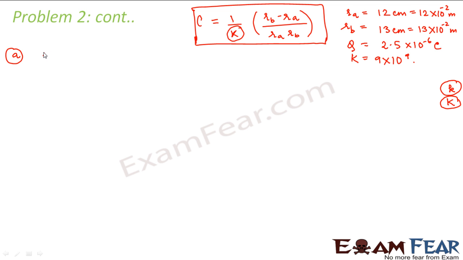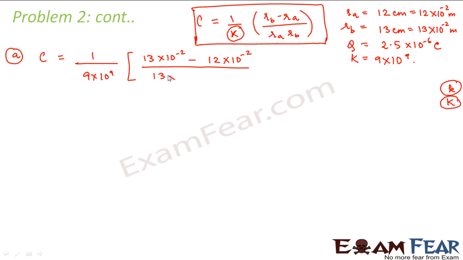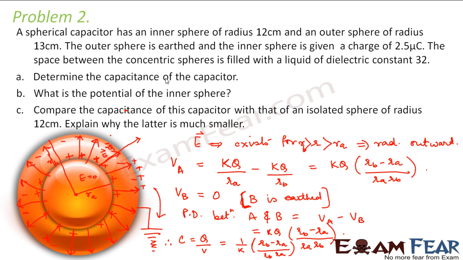So in the first part, let us calculate the capacitance C. This will be equal to 1 by 10 to the power 9 into 10 to the power 9 into RB, that is 13 into 10 to the power minus 2 minus RA, that is 12 into 10 to the power minus 2 divided by RA into RB. I am extremely sorry. I have calculated the capacitance expression in an incorrect way. If you see here, capacitance is Q by V, right?